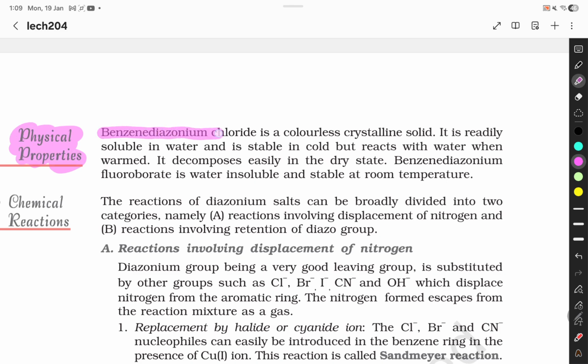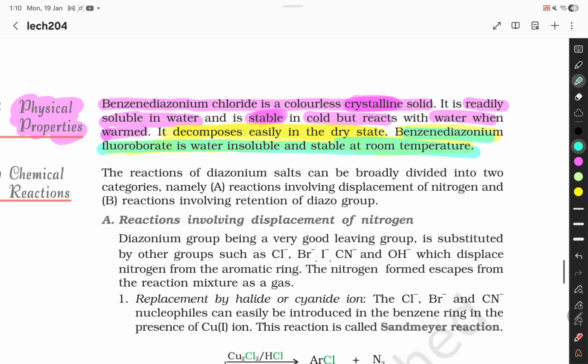Benzene diazonium chloride is a colorless crystalline solid, readily soluble in water and stable in cold water, but reacts when water is warmed. It decomposes easily in the dry state. Benzene diazonium fluoroborate is water insoluble and stable at room temperature. I bet 99% of the aspirants don't know this.